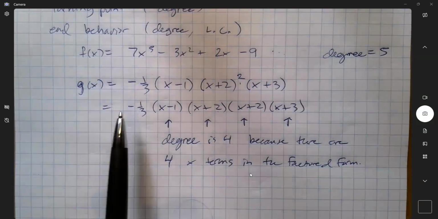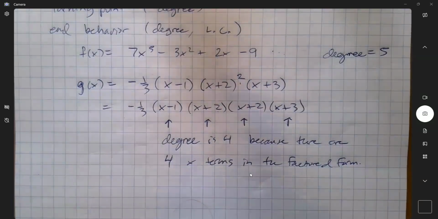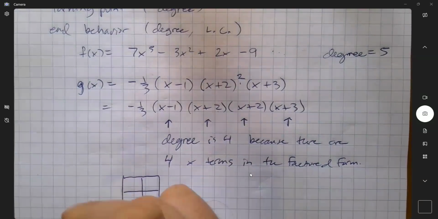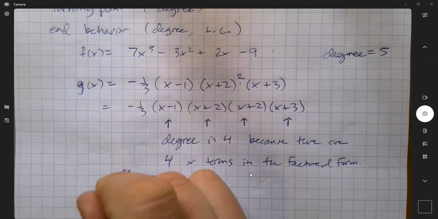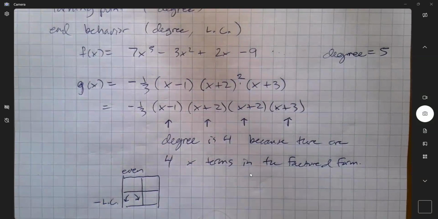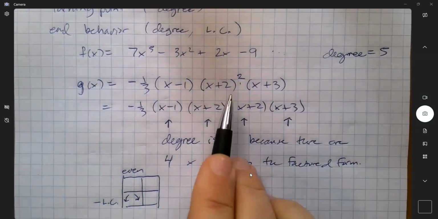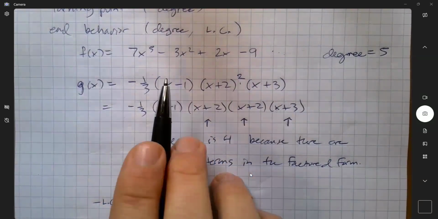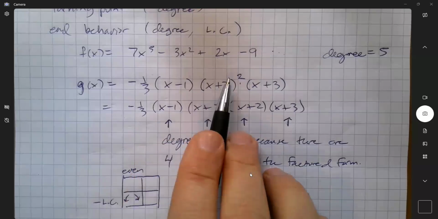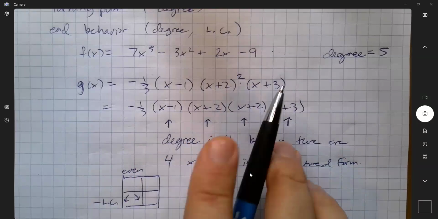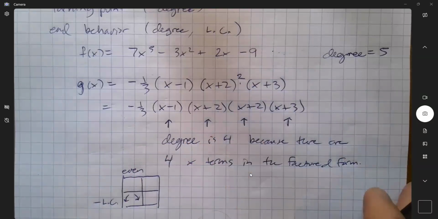And I also know the end behavior. Since it's a negative leading coefficient and an even degree, that means it goes down on both sides. When it's not written out, when it's collapsed, you can still count the degree, because you have 1 x minus 1, plus 2 x plus 2s, plus 1 x plus 3. That's still a degree of 4.